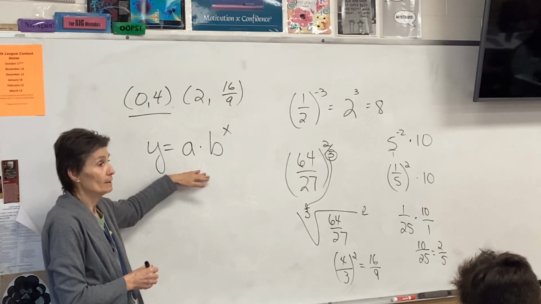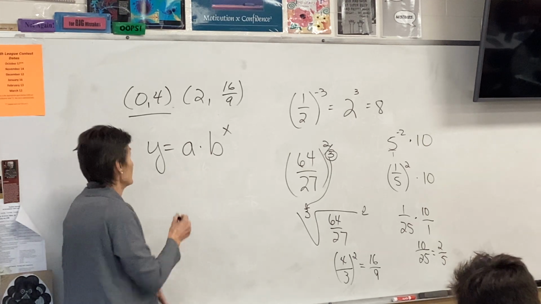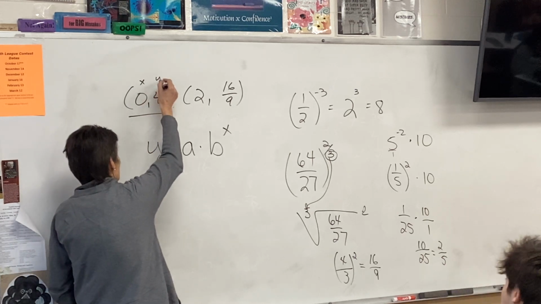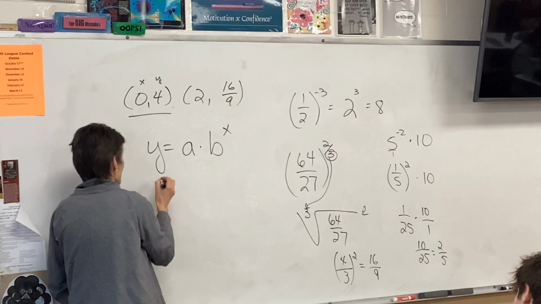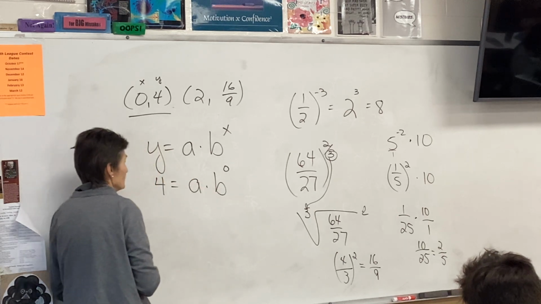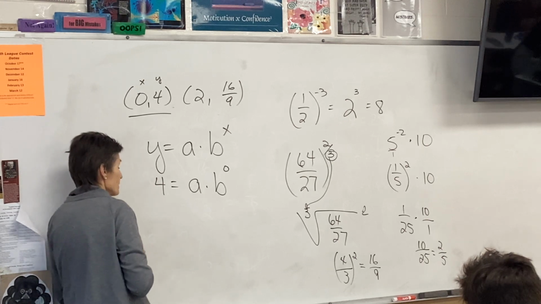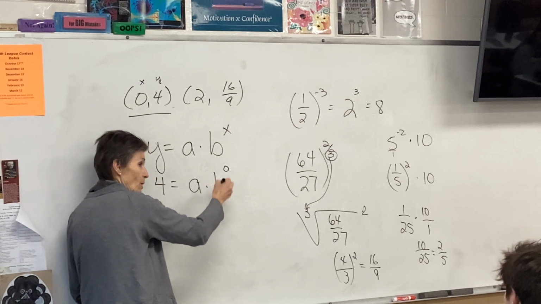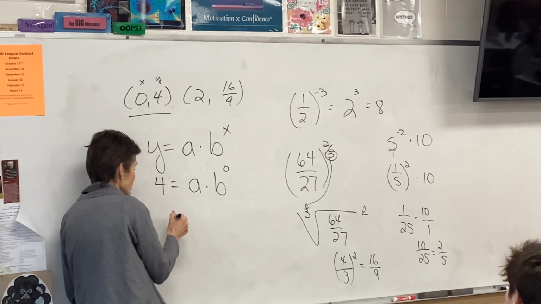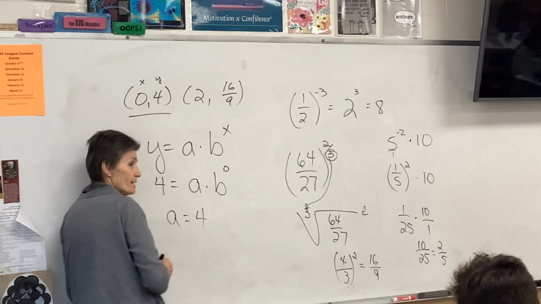Okay? Now, we start with the point with the 0. This is x, this is y. So I put 4 in and 0 in for x. B to the 0th is 1. So this just says that A is 4, doesn't it?